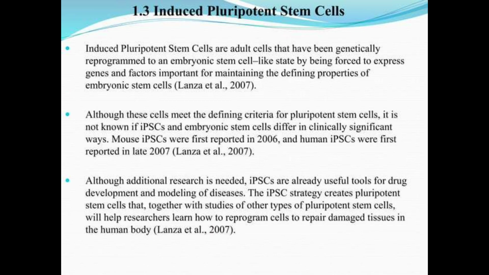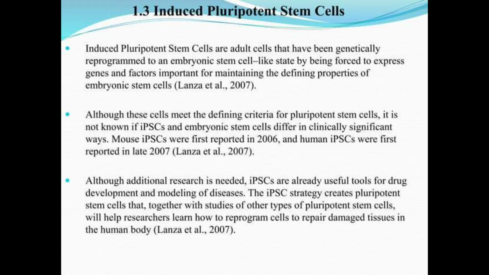Induced pluripotent stem cells, we call them iPSC. Induced pluripotent stem cells are isolated from adults and genetically reprogrammed like embryonic stem cells, and they are forced to express the genes and factors important for maintaining the properties of embryonic stem cells.